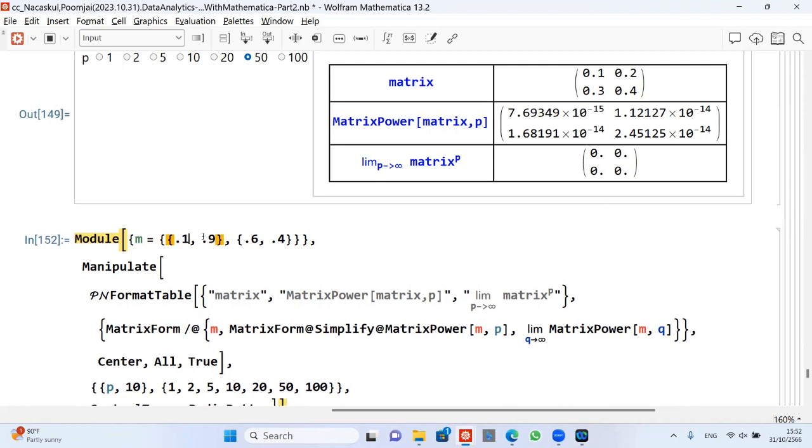If she's in a bad mood, she has 0.6 probability of going from bad mood to good mood, and 0.4 probability of staying in a bad mood. And this is talking about the next day.